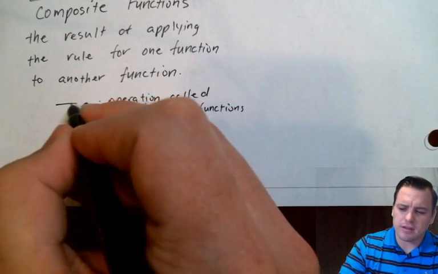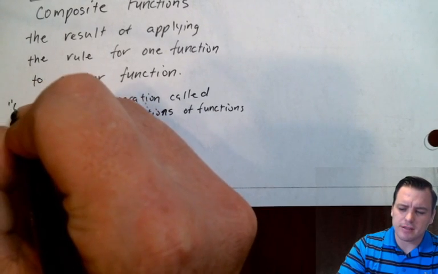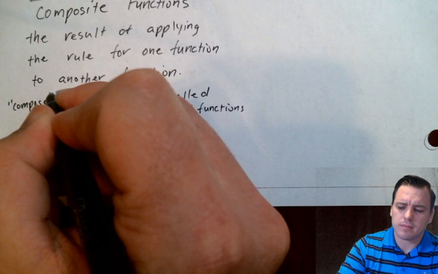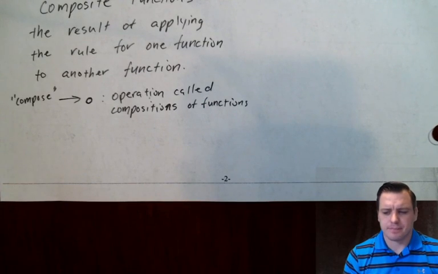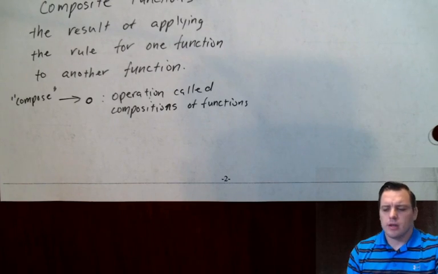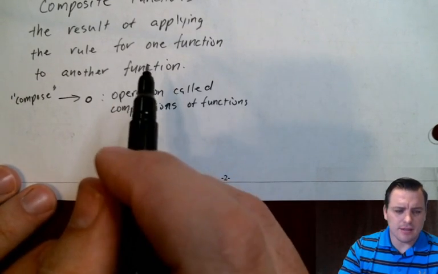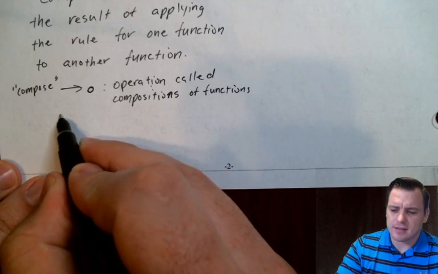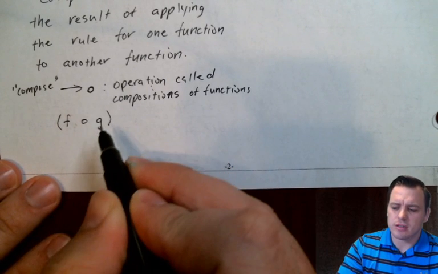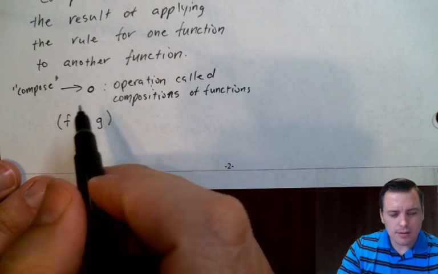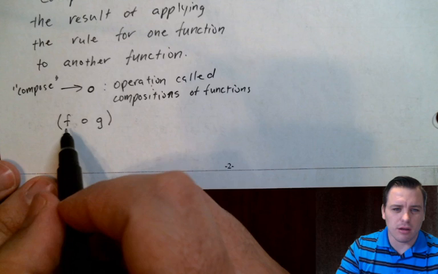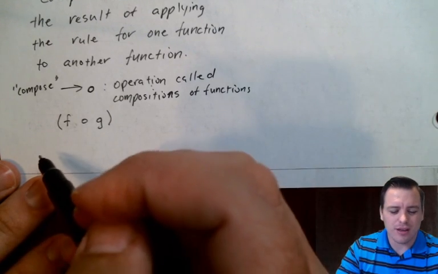The way we would pronounce it is simply to say compose. So if we have something that says f composed with g, it looks like the word fog.